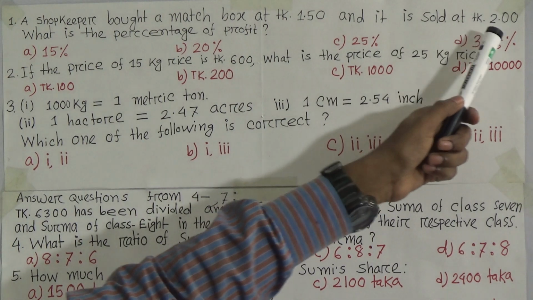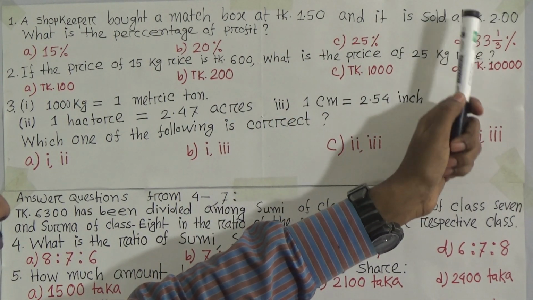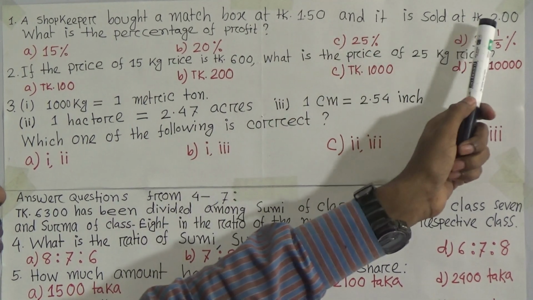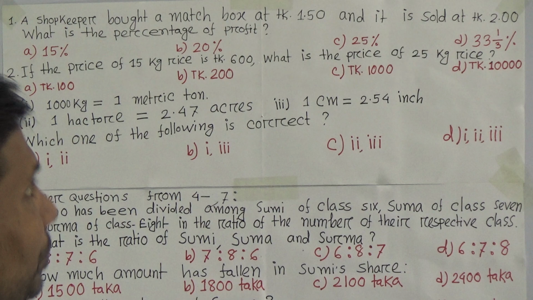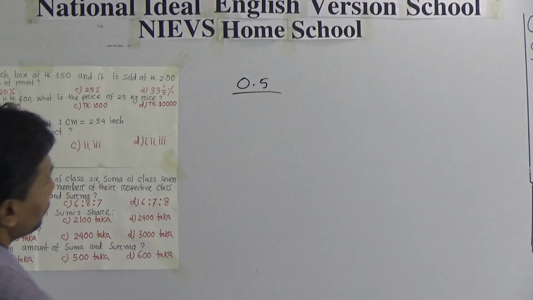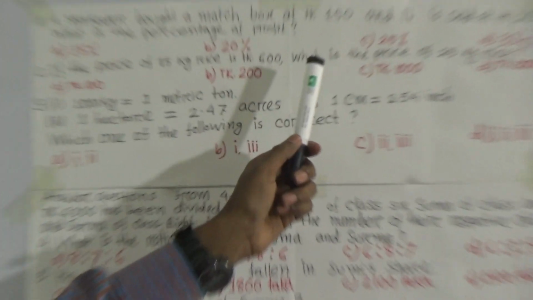You see, selling price minus cost price, that means you subtract 1.50 taka from 2 taka, then we get 0.5 taka. Okay, now we have to find out what is the percentage of profit.